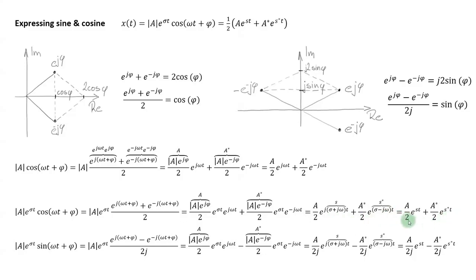And this is how you can combine 2 complex exponentials to create a general damped cosine. Now, if you wanted to express a general damped sine, this is a derivation which can show you that you need to use this formula. It is very similar to this one, except instead of this plus you will use minus, and instead of these 2 you will be dividing by 2j.